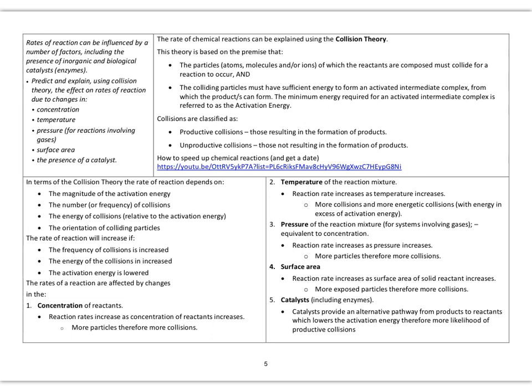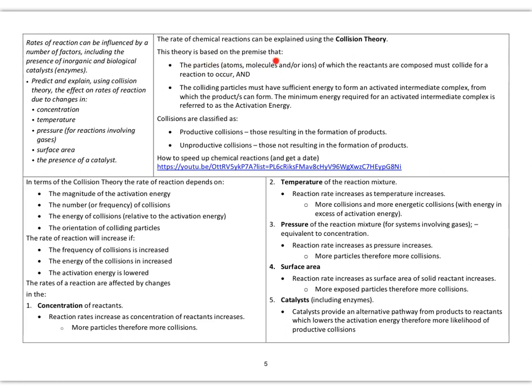Okay, if you've done that, let's talk about what is collision theory firstly, and then we will talk about how collision theory can be used to explain a lot of the factors that affect the rate of reaction, or at least 5 of those factors. So the rate of a chemical reaction can be explained using the collision theory.